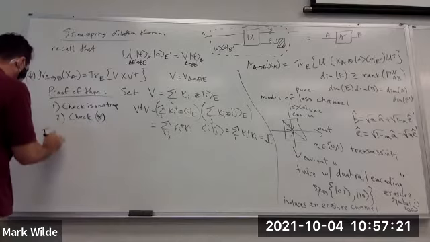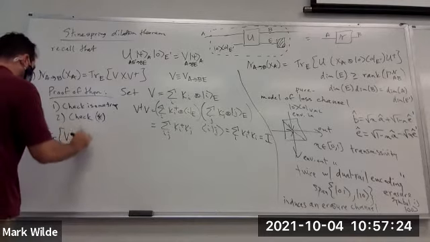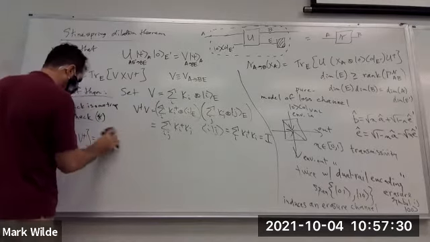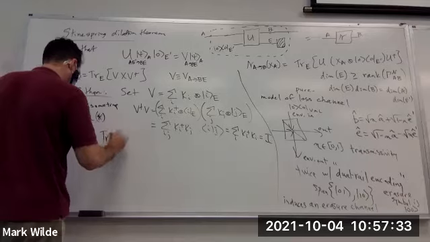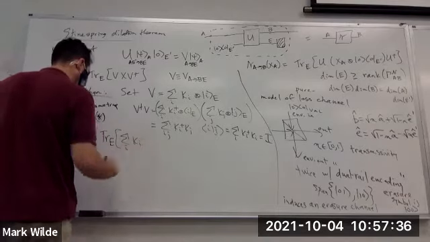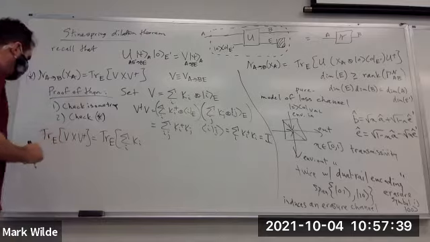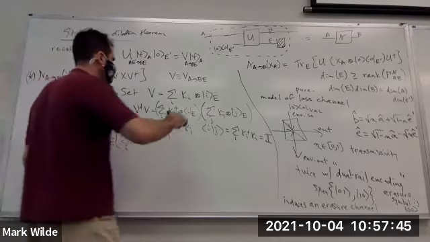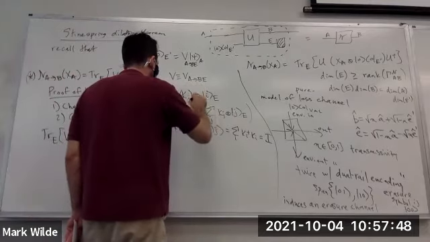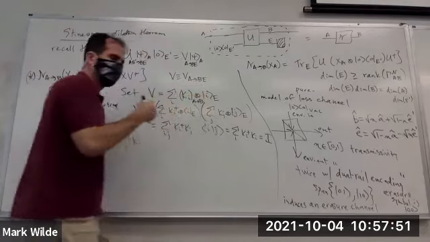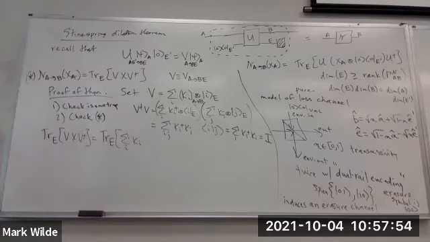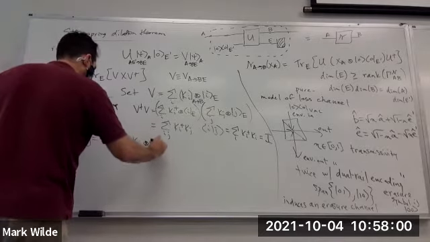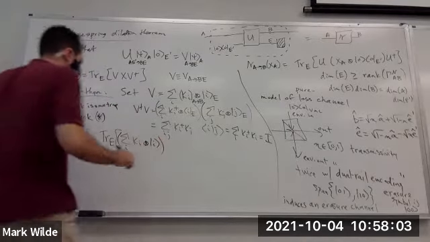Okay, let's check the extension part. When you're faced with this, it might seem a little tricky. If we write system labels, it might be helpful. These K_i really act on the incoming A system and take it to a B system.